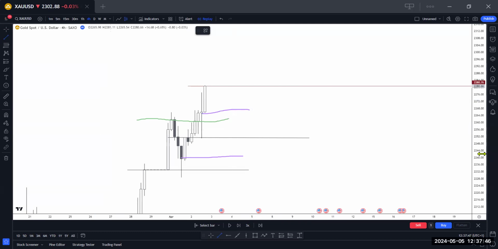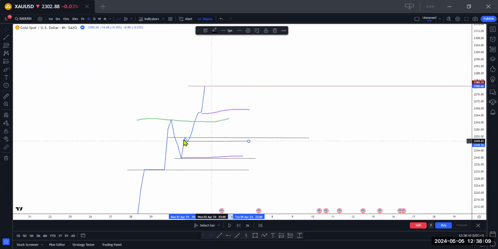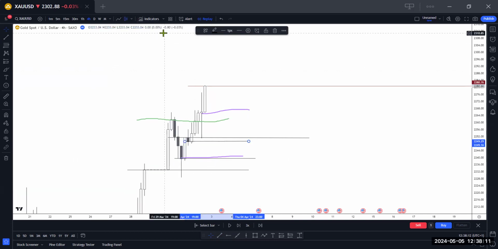All right, so we have this classic SNR level, the H4 classic SNR, and I'm going to mark it for you. We have this H4 MTF. This is a daily level, and this is an H4 MTF. This is also a classic SNR level, where we have this breakout drawn by Joshua.